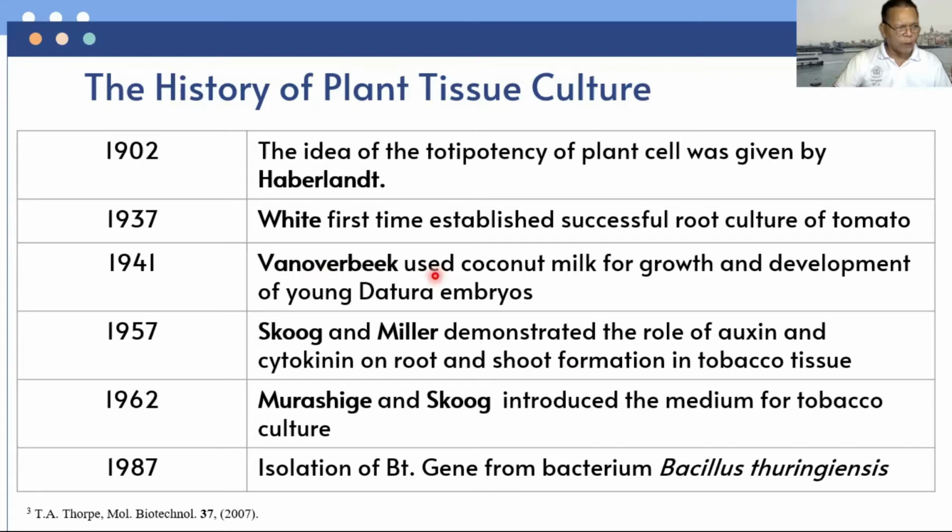In 1957, Skoog and Miller demonstrated the role of auxin and cytokinin on root and shoot formation in tobacco tissue. In 1962, Murashige and Skoog introduced the medium for tobacco culture, and in 1987, isolation of the Bt gene from the bacterium Bacillus thuringiensis.